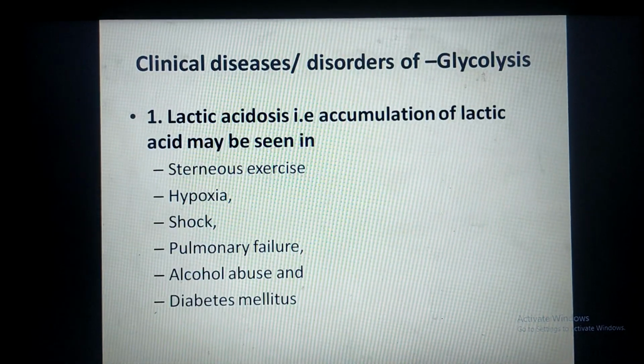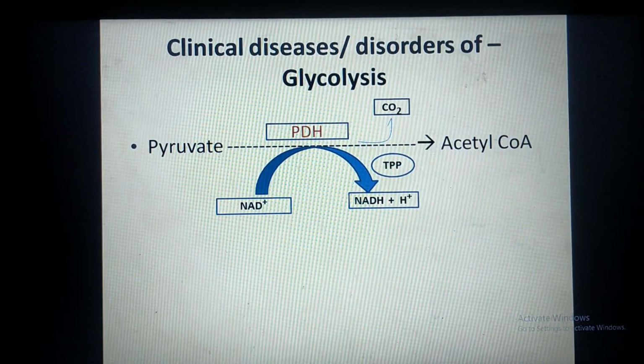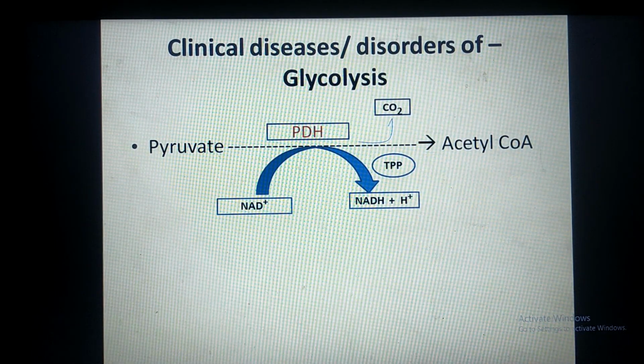The next cause of lactic acidosis is diabetes mellitus. Normally, the pyruvate which is formed from glucose is converted into acetyl CoA with the help of enzyme pyruvate dehydrogenase. Insulin acts as a stimulator of this enzyme, or insulin stimulates the enzyme PDH.